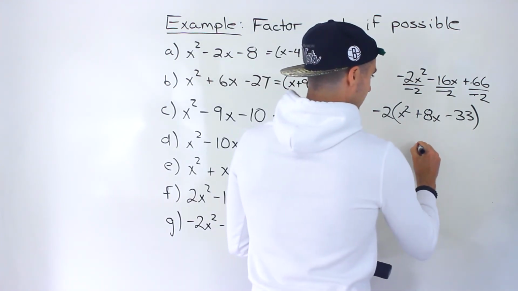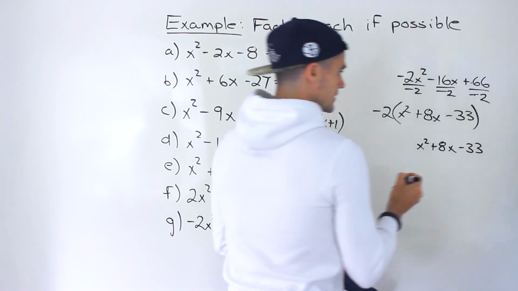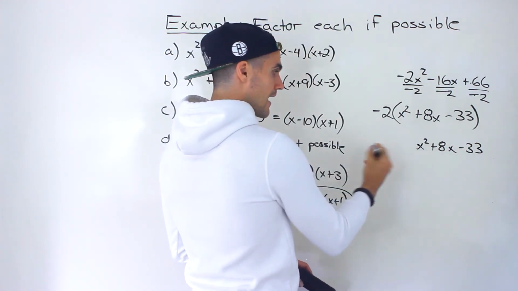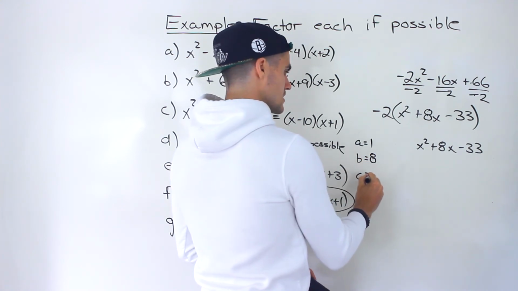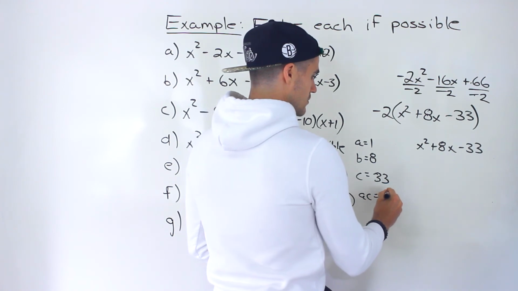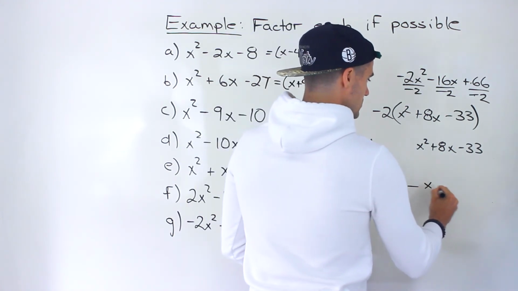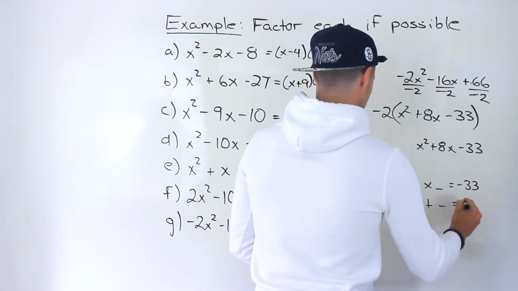Now, x squared plus 8x minus 33. Can't take anything out of that, so decomposition, a is 1, b is 8, c is -33. AC is -33. What two numbers multiply to -33 and add up to 8?